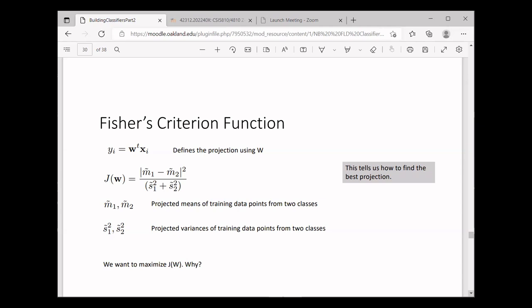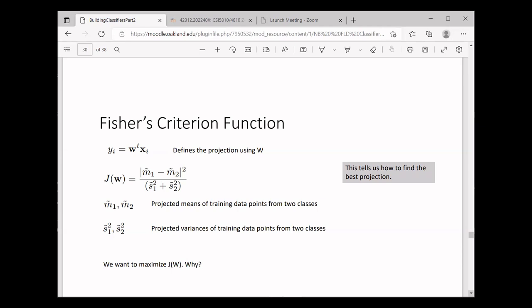You don't want the variances to be large, because the means might be far away, but if the variances are large, there will still be overlap. So you want to minimize the overlap. That means you want variances to be small. So you want numerator to be large, denominator to be small, with the result that you want J(W) to be as big as possible. So you want to maximize this criterion function.